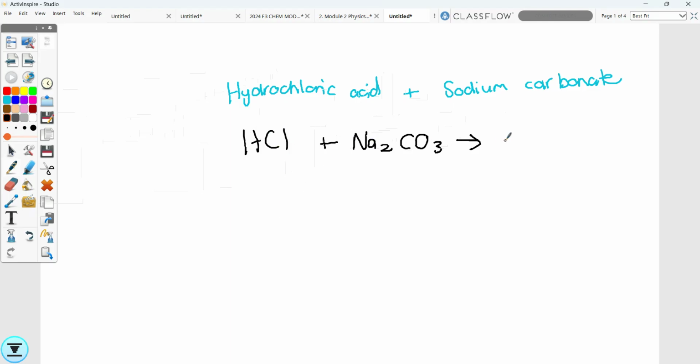Now using your recipe, it's an acid and a metal carbonate. What is it always going to form? Always going to form CO2 and always going to form H2O. So you need to know that. But then the other thing is a salt. What is the definition of a salt? The hydrogen of the acid is replaced by the cation.